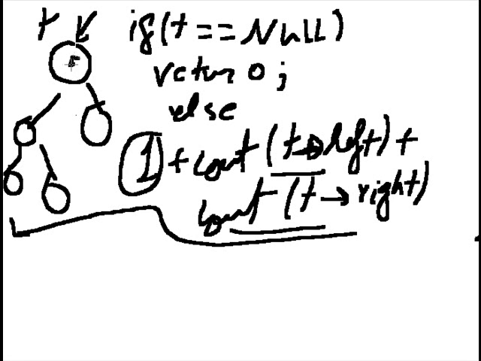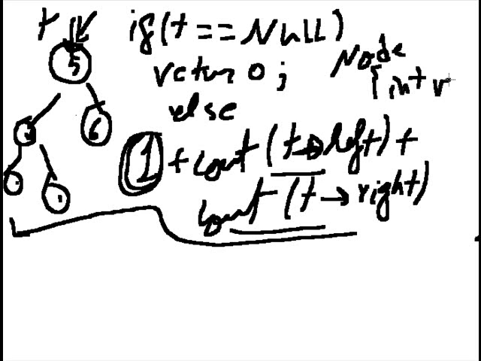Suppose I have here 5, I have here 4, I have here 6, and I want to find the sum of whatever elements. Each time I visit a node, instead of count adding 1, I just add the element inside this node. Since inside a node I have an integer value, each time I visit this node, I add this value to whatever previous sum I have.